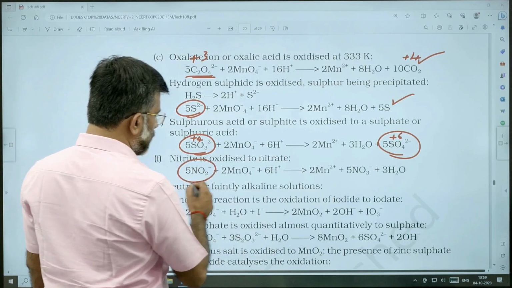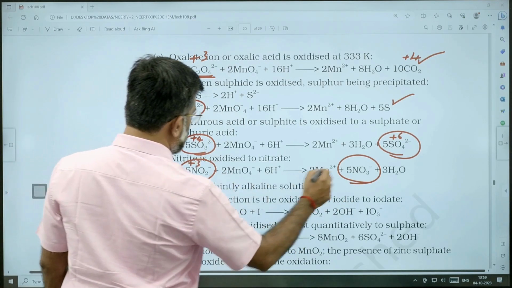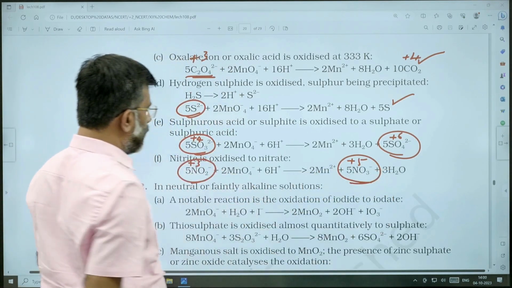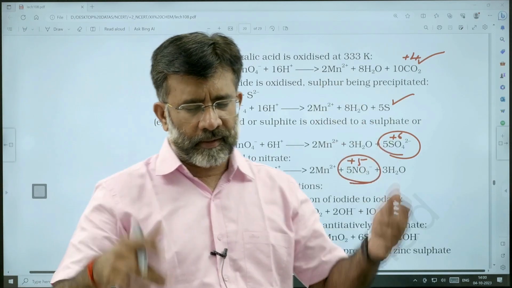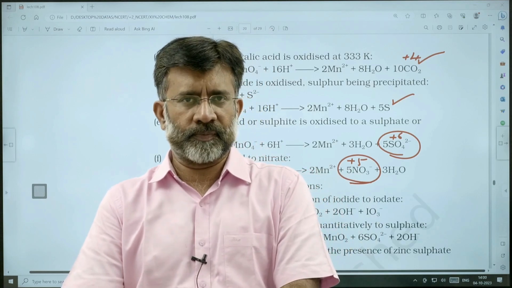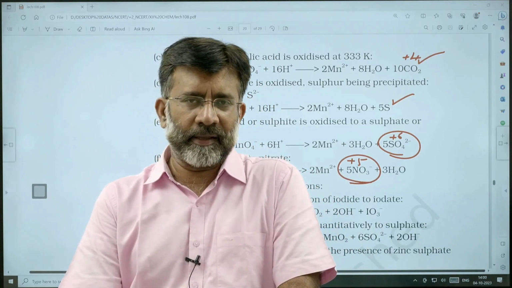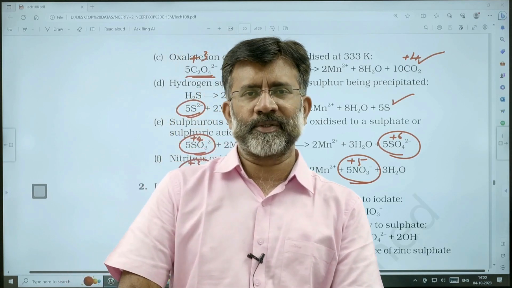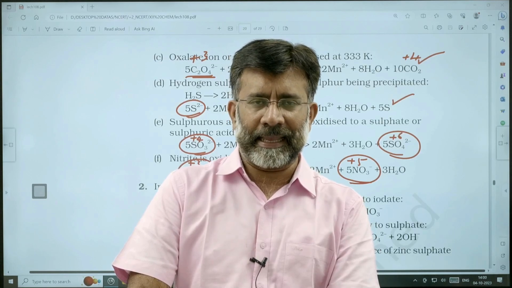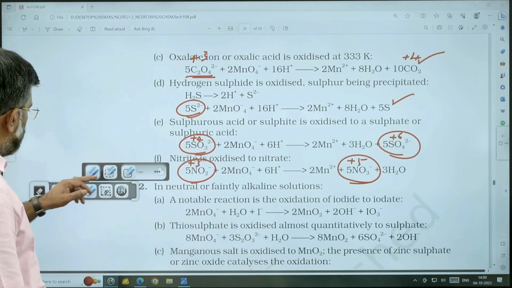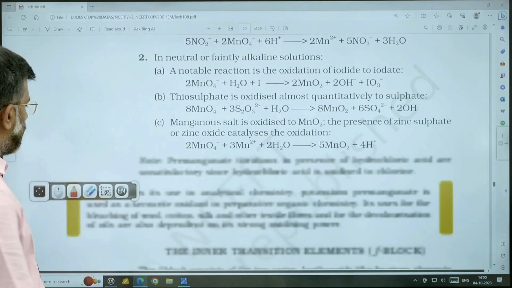Nitrite, +3 state, is oxidized to nitrate, +5 state. Like that, there are so many such examples. And here I would strongly suggest you go through the stoichiometric problems concerned with this area. Not over. What happens in neutral medium or faintly alkaline medium?